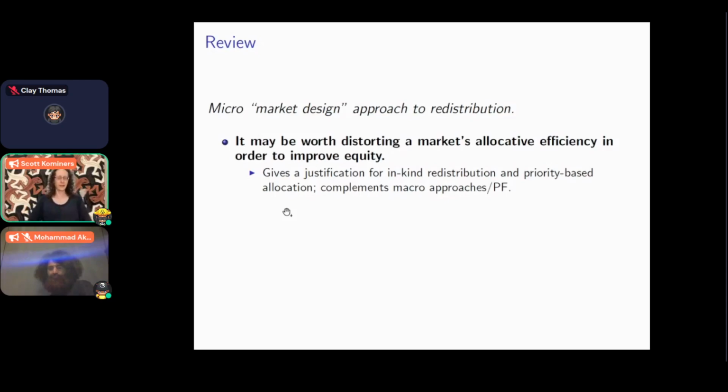And this gives a justification for all sorts of distortive market allocation policies that classical economics doesn't usually condone, right? It gives us a reason for in-kind redistribution, a reason for priority-based allocation, price controls, and all of this we think of as really being complementary to public finance, in the sense that, first of all, lots of regulators do control and oversee only a single market, and moreover, there's some friction to tax-based allocation.